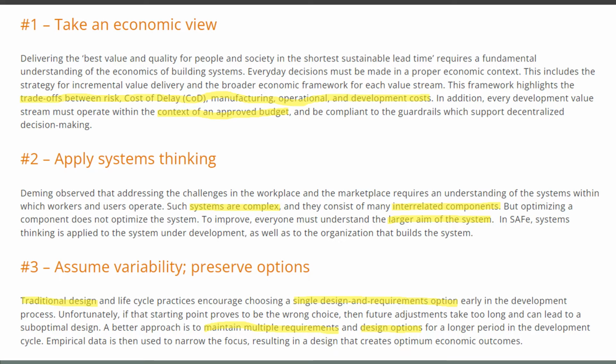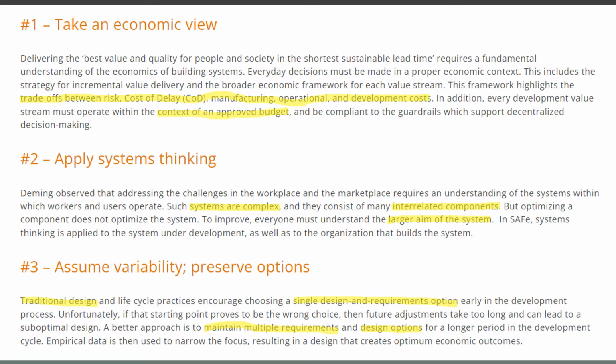The second thing is apply systems thinking. Because systems are complex, they consist of many interrelated components. Right? See, optimizing a component will not guarantee that it is optimizing the system. So to improve or optimize a system, everyone must understand the larger aim of the system.